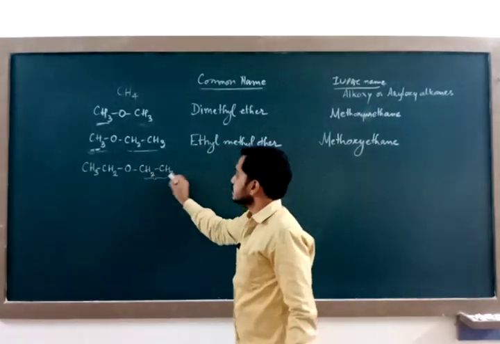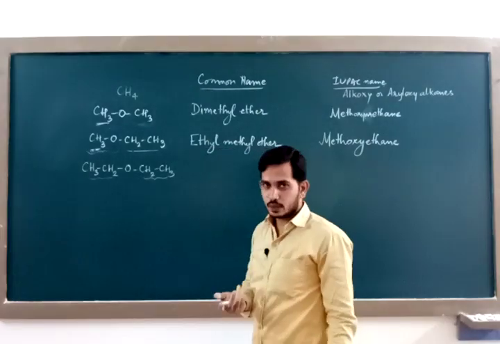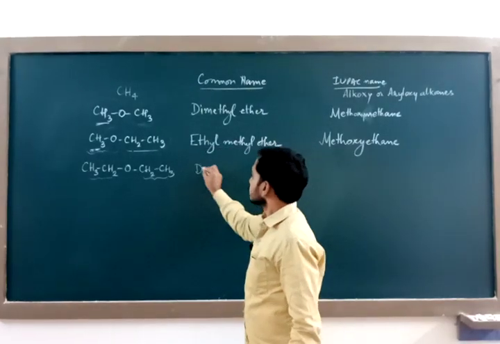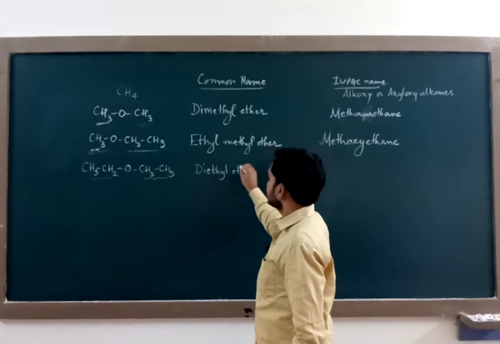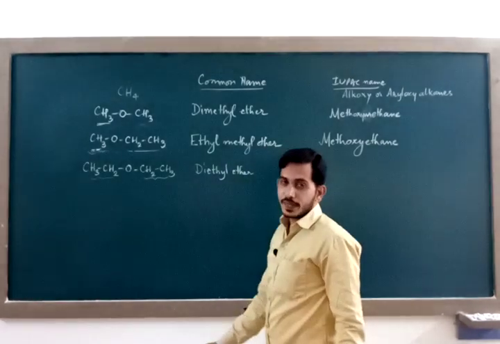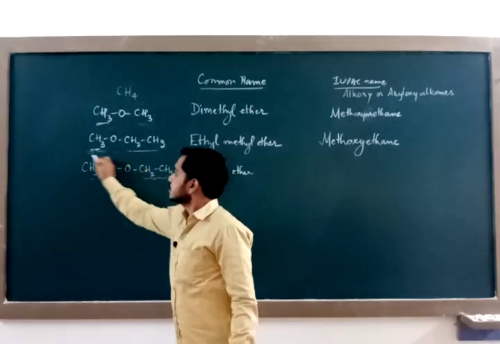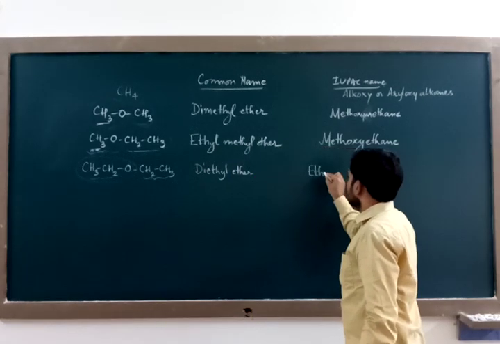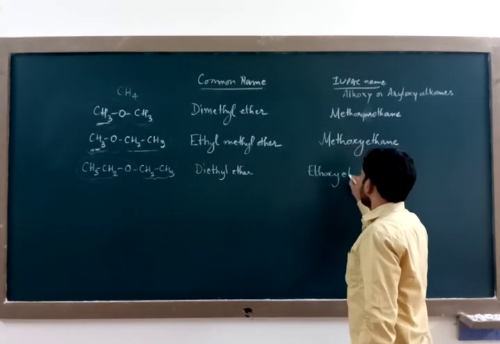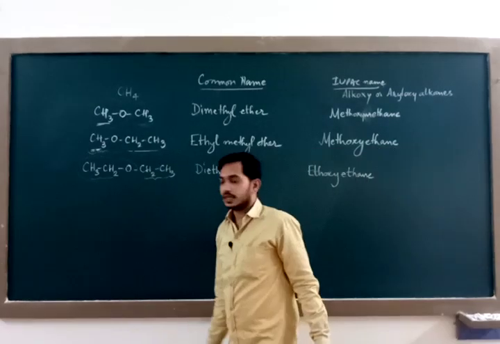Now this group is ethyl, this group is ethyl, it has appeared twice, so diethyl ether. For the IUPAC name, the 2 times same group, one becomes the prefix ethoxy, ethane because the parent has 2 carbon atoms in it.